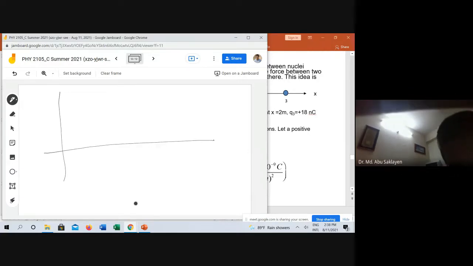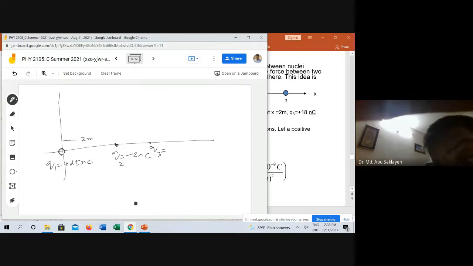Three charges. One is at the origin. This is Q1 with value plus 25 nanocoulomb, and another charge Q2, at a distance of 2 meters, is minus 12 nanocoulomb, and another charge, Q3, is 18 nanocoulomb. Are you hearing now? Yes sir.